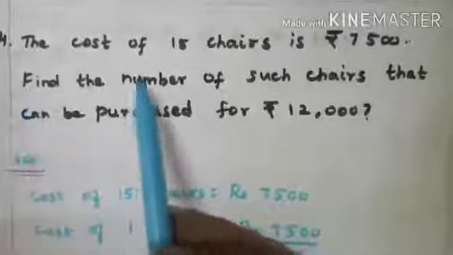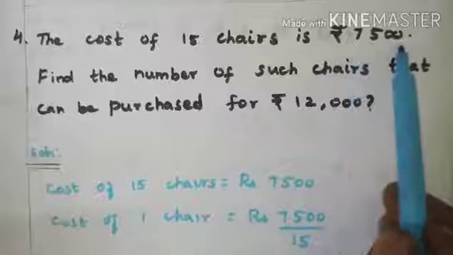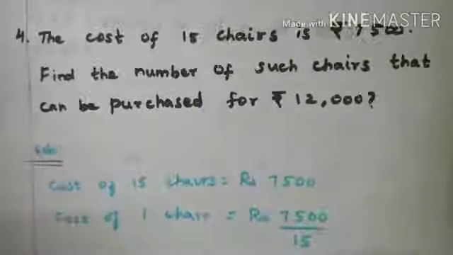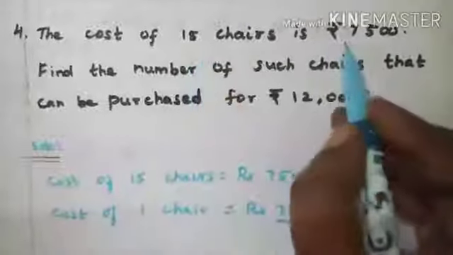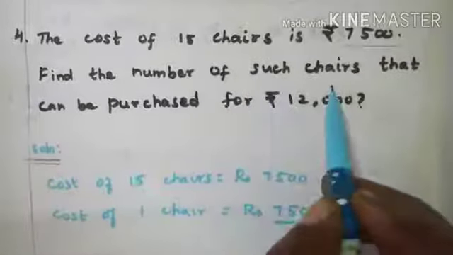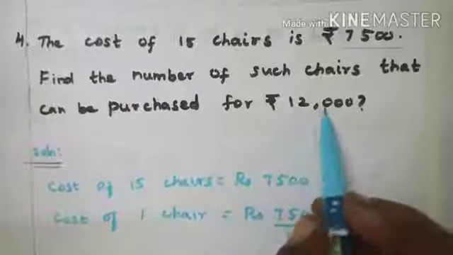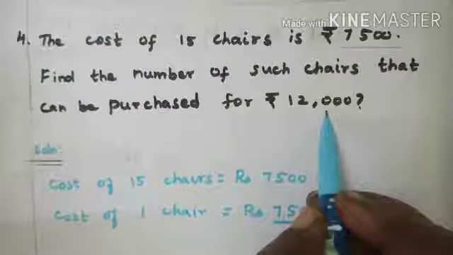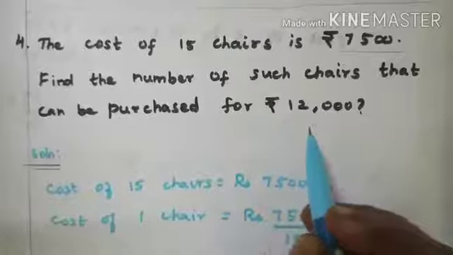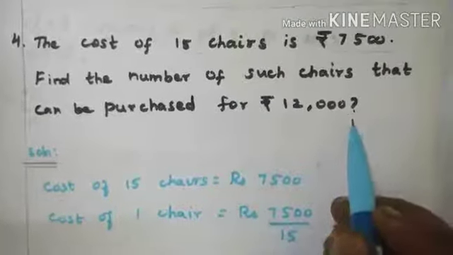Fourth question, the cost of 15 chairs is rupees 7,500. Find the number of such chairs that can be purchased for rupees 12,000. So how many chairs we can buy for 12,000 is asked.